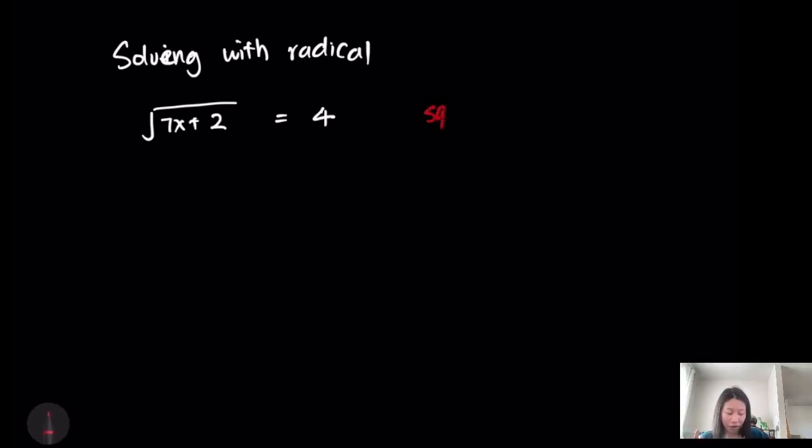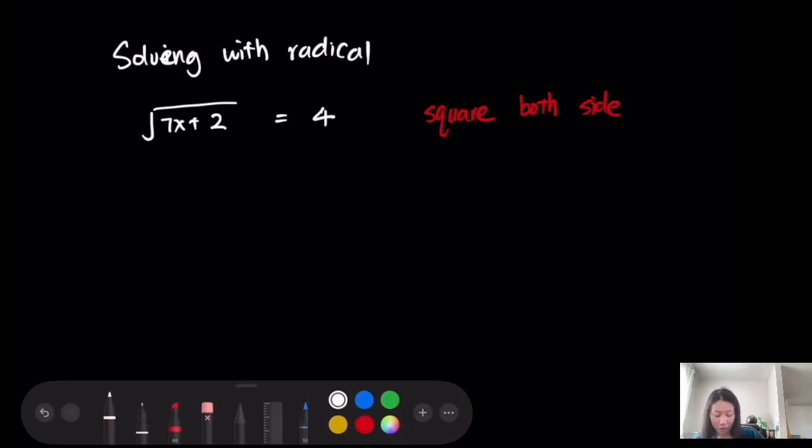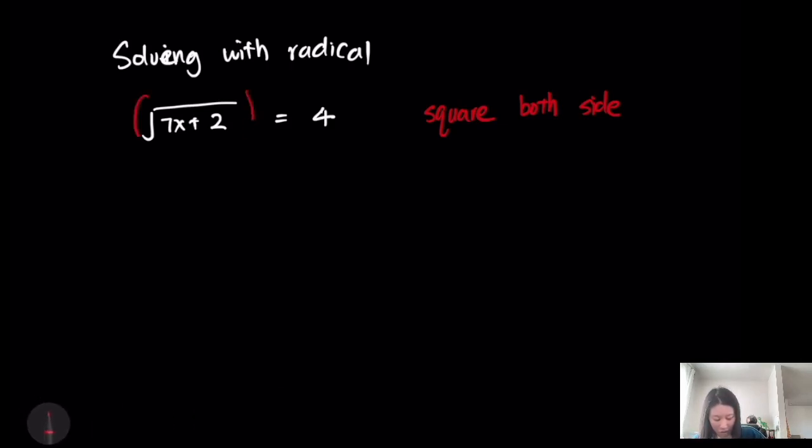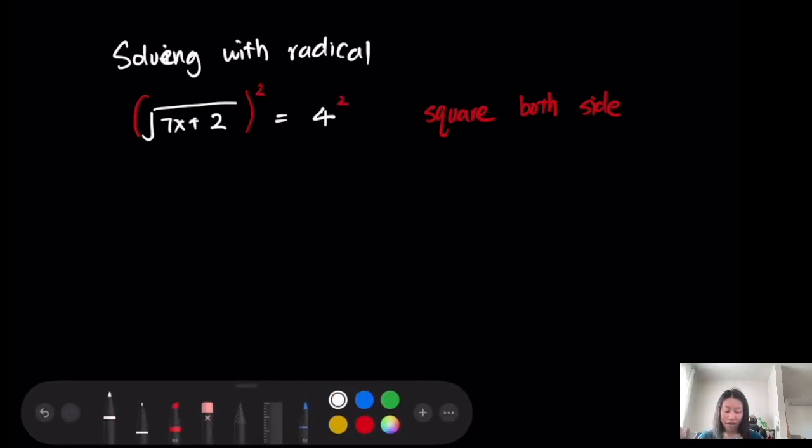In order to get rid of the radical, you want to square both sides. That means you raise the power to 2 on both sides. Okay, in that case, the square root and the square cancel out.